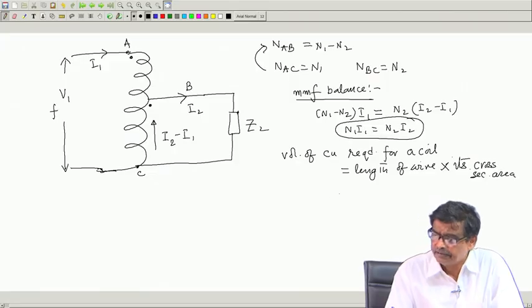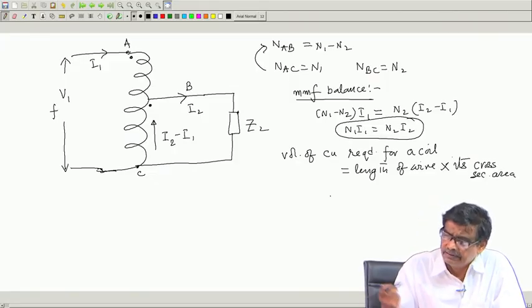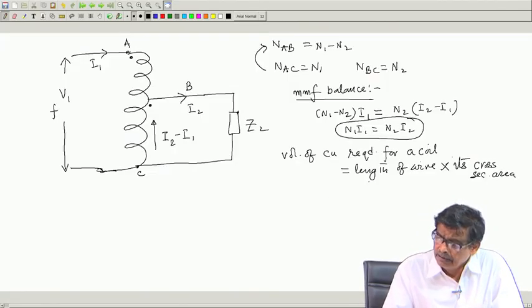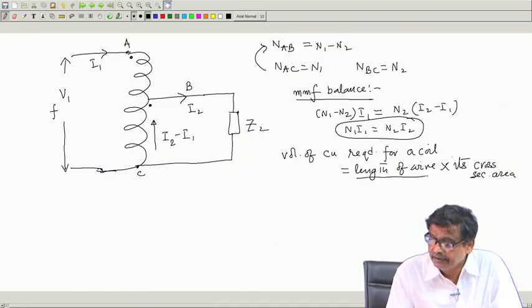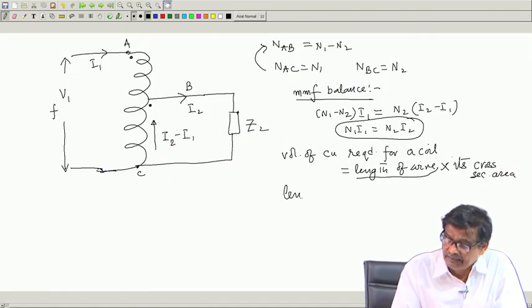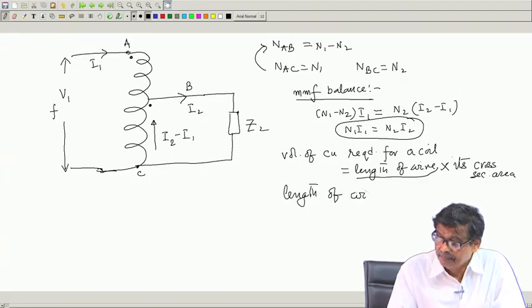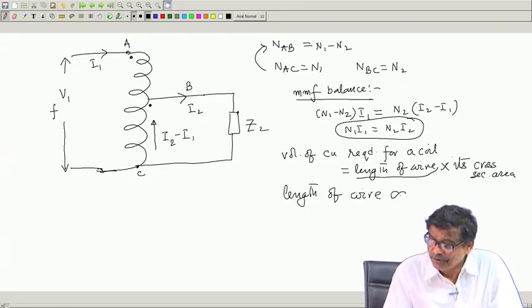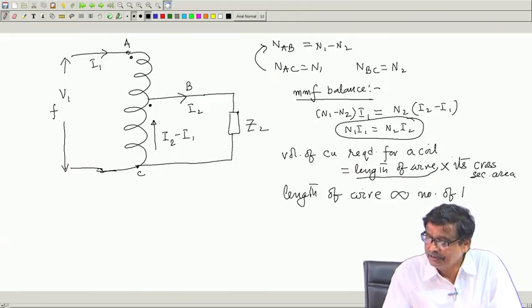It is pretty simple. Area into length gives you volume. Now, this length of wire is proportional to the number of turns of the coil, is it not?